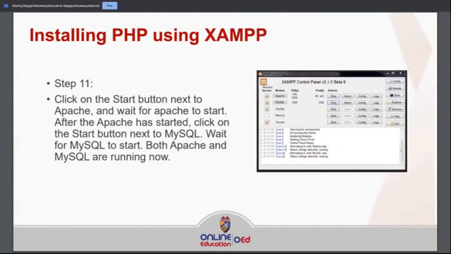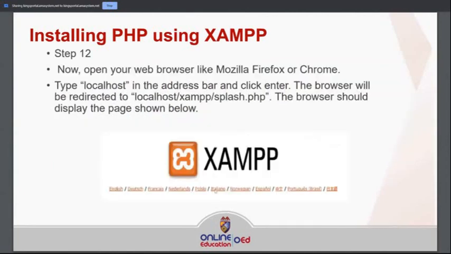And then step 11, click on the start button next to Apache, like this one. You should be able to see the start button. And then also MySQL, that is again the database that we will be using. Click start. So upon clicking the start button, we will have Apache and MySQL start as well.